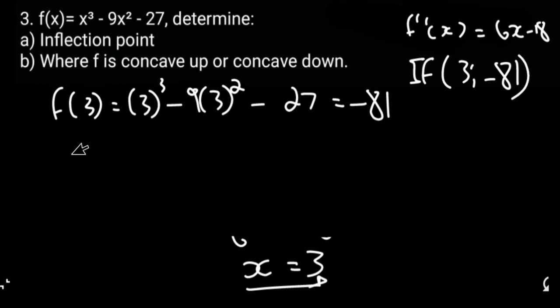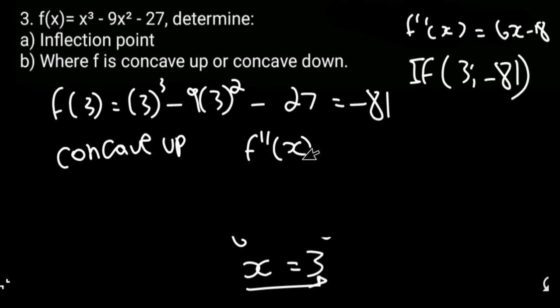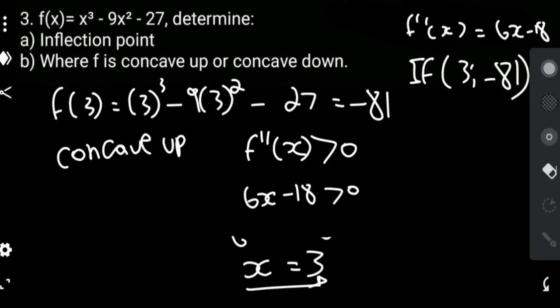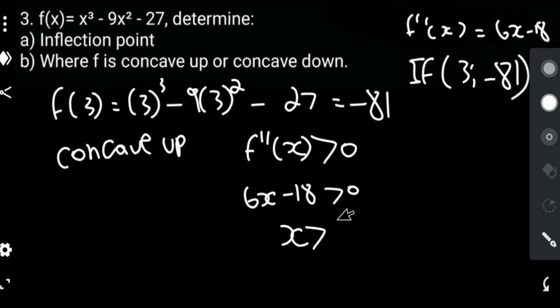So to determine where the graph is concave up, you need to set up the second derivative to be greater than 0. So 6x minus 18 must be greater than 0, and x must be greater than 3.